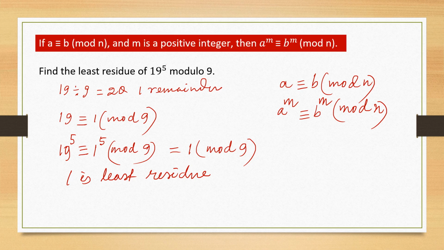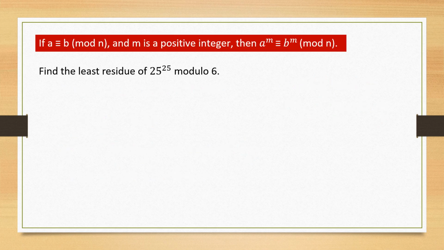So you must be excited to solve more problems. 25 raised to the 25 modulo 6. So let us go for 25. 25 divided by 6 is again 4 as quotient and 1 as remainder.